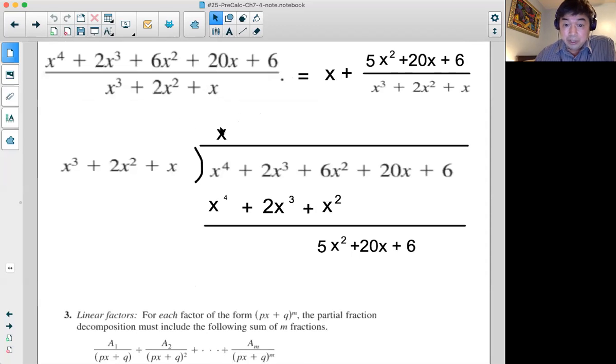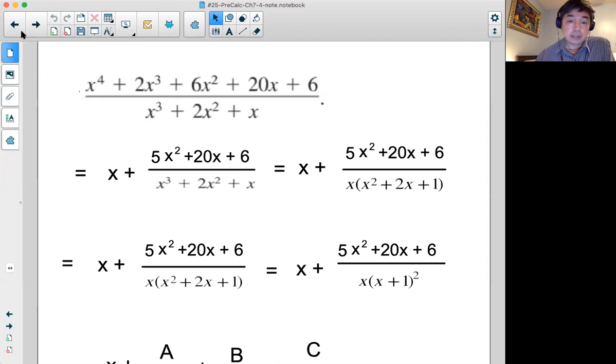So we did a long division, and x is the quotient, and this remainder came here. So we use the remainder here, and the expression is x plus remainder divided by divisor, which is whatever denominator came out here.